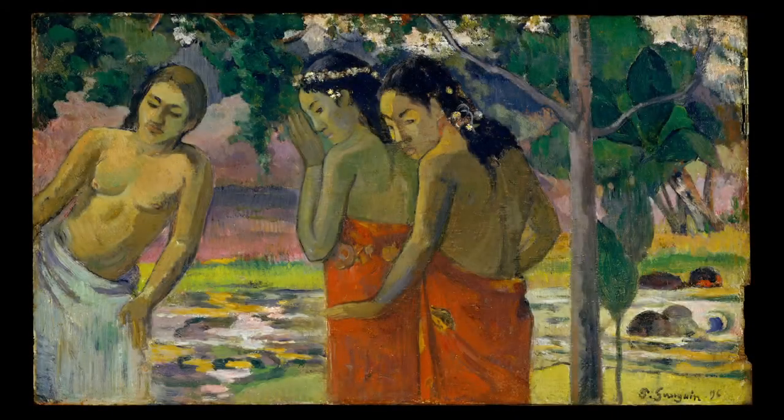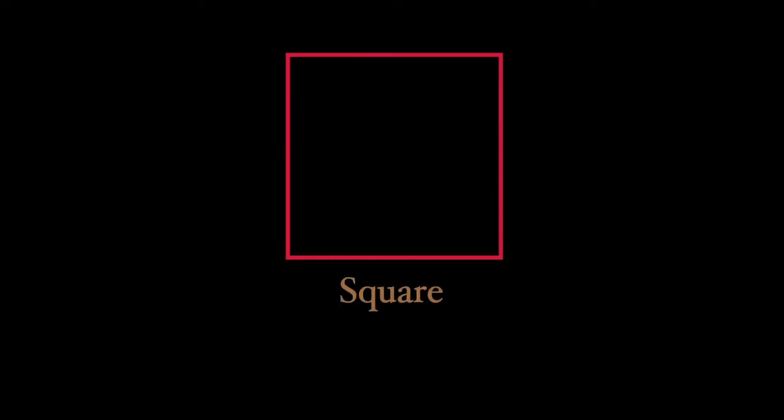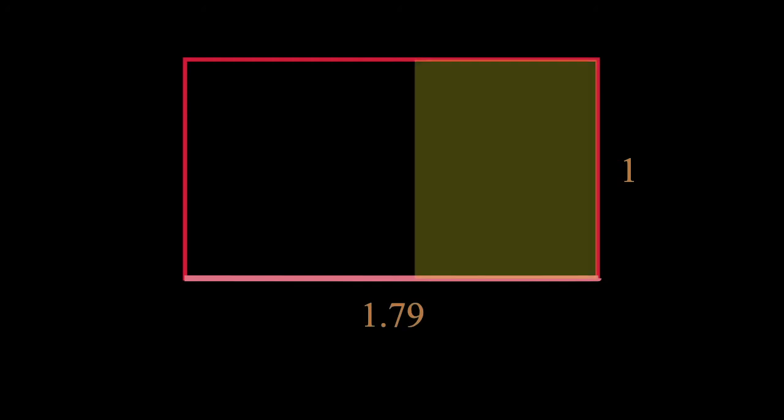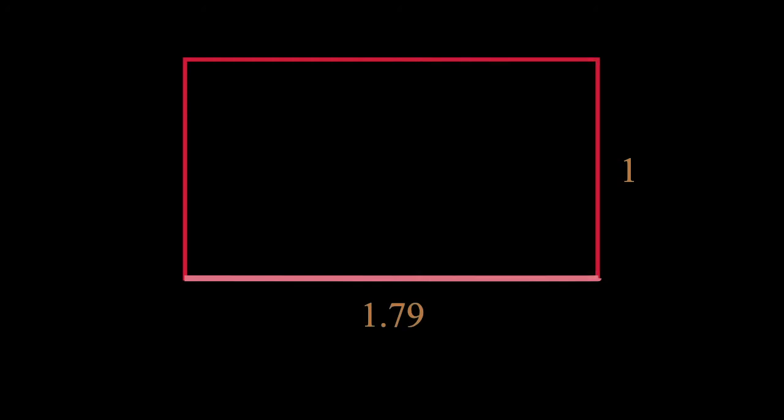When considering the proportion of a rectangular picture plane, we compare its height and width. Rectangles are categorized as squares, those with equal sides, and long rectangles, those with unequal sides. The short side of a long rectangle always has a ratio expression of 1. The expression of the long side is 1 plus the difference that is greater than the short side.